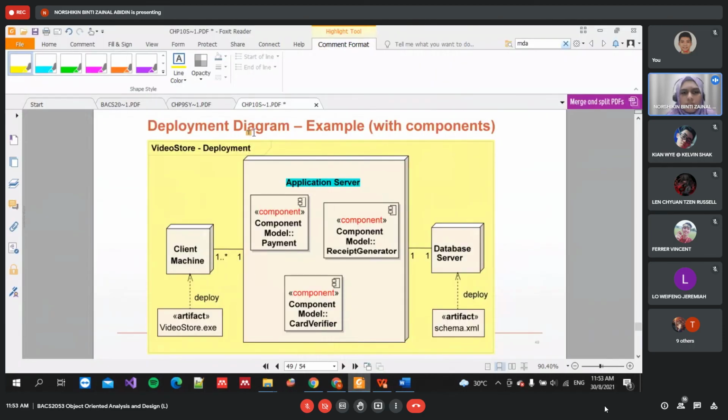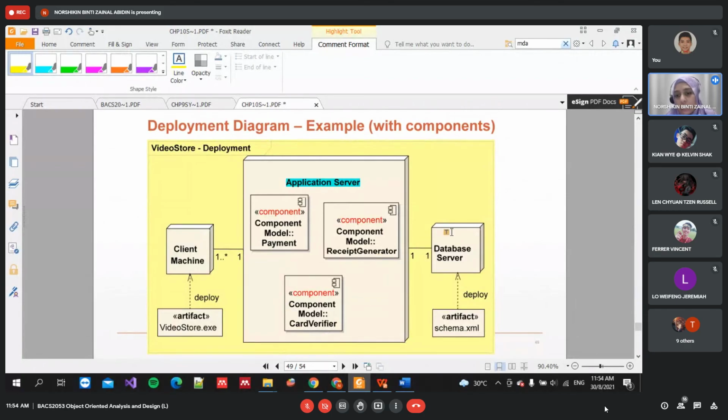Deployment diagram with components example. This is the overall view of the use of the node. Here we have an artifact. We deploy this onto our client machine. The client machine here can be considered a server or DB. Here is the application server, this big node, and under this big node we have components: payment model, receipt generator model, card verifier.